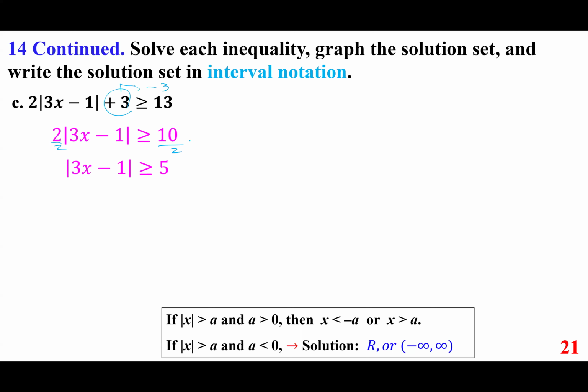And again, notice I haven't touched the absolute value yet. Now that it's completely isolated, x is less than negative a. That means this is less than negative 5, or x is larger than a. This thing is larger than 5. And of course, it has the equal. It happened to have the equality because originally it had it.